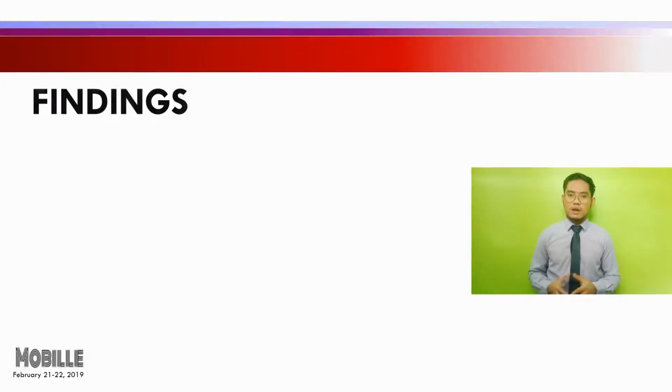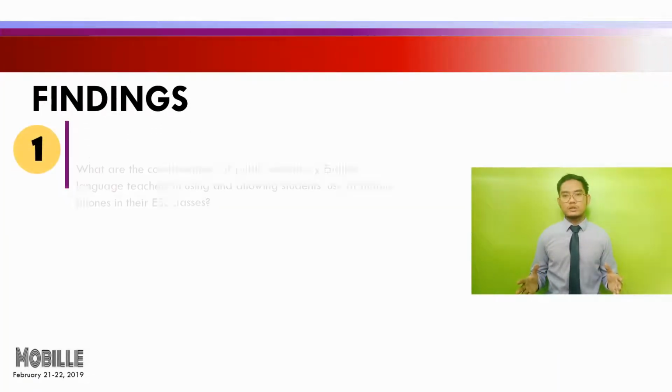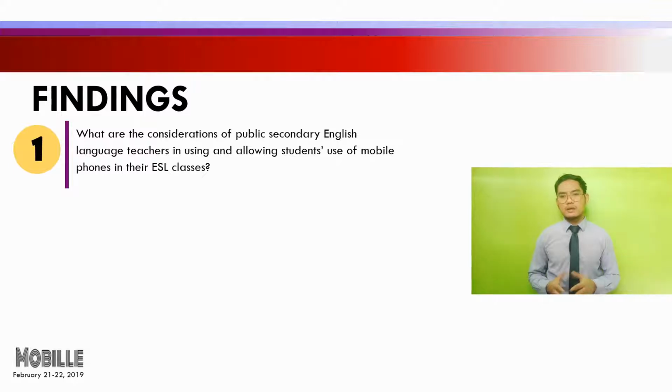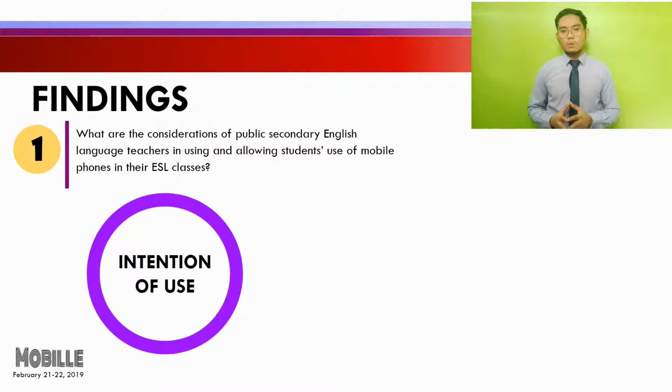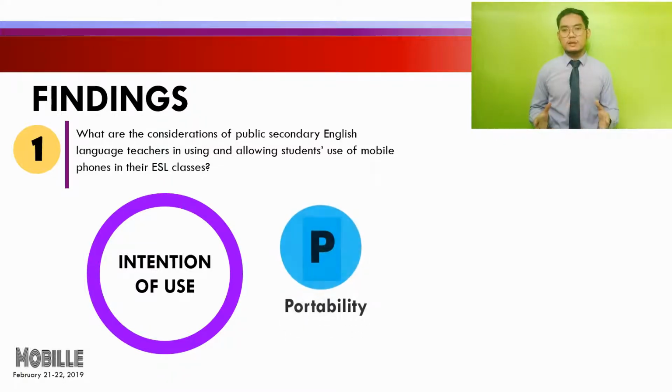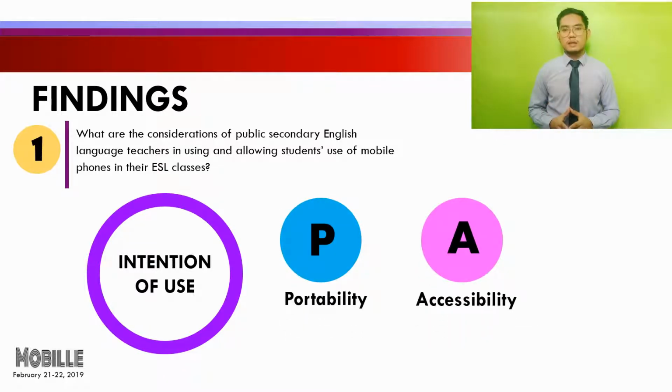For the first research question, what are the considerations of public secondary English language teachers in using and allowing students' use of mobile phones in their ESL classes? Responses for this research question were categorized as intentions of use. Three emerging themes were identified: portability, accessibility, and technology integration.